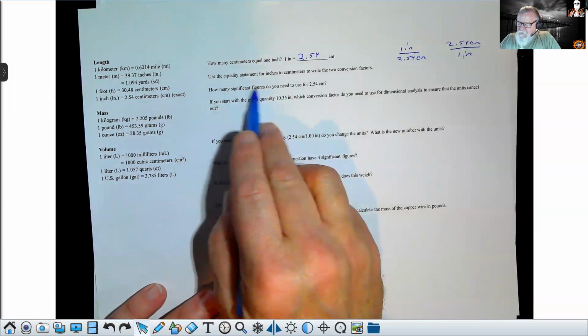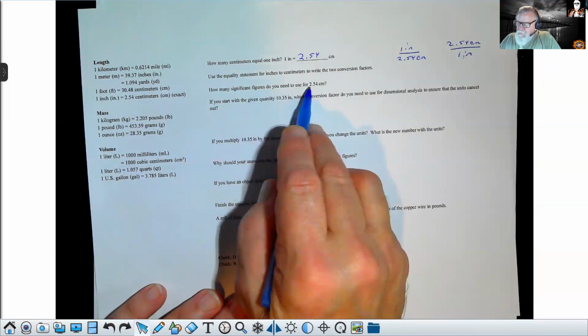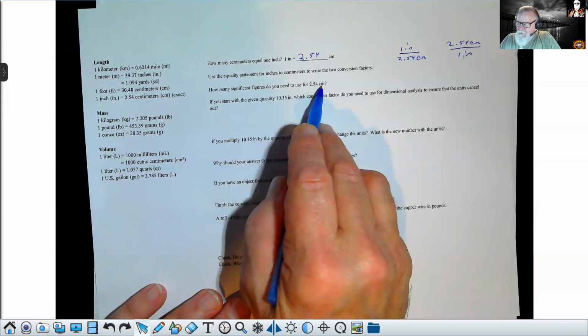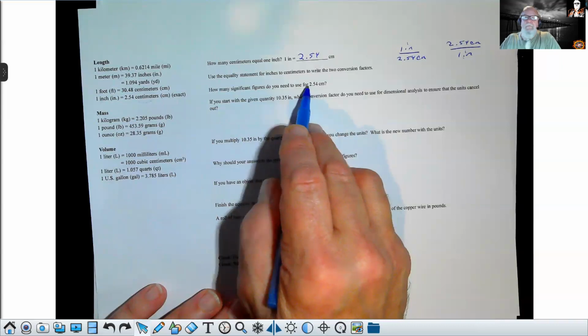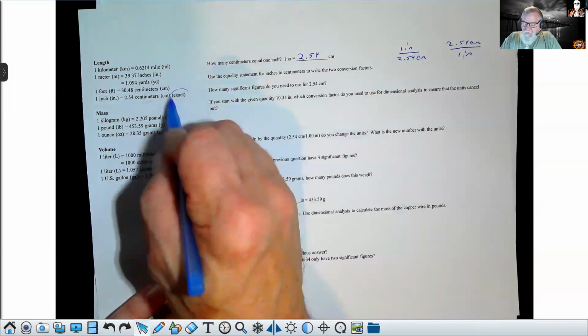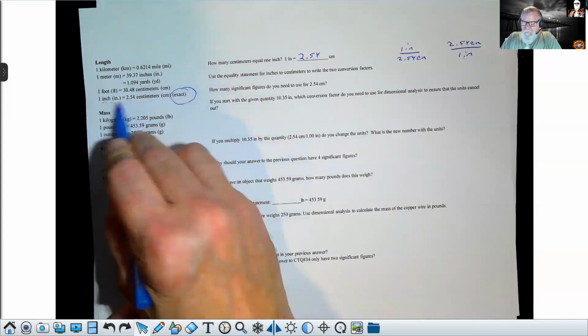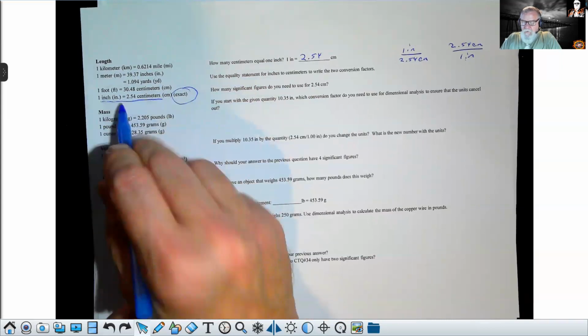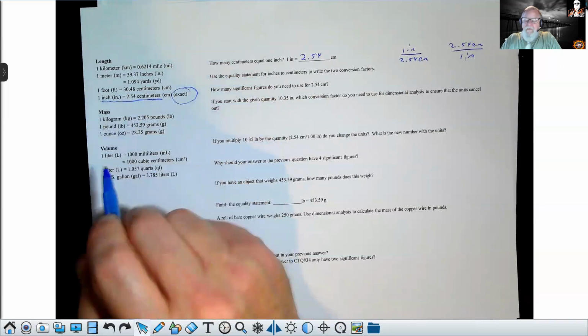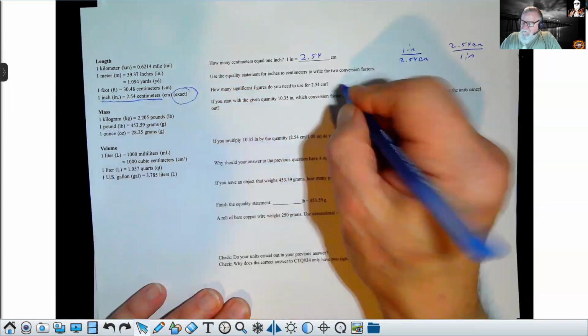How many significant figures do you need to use for 2.54 centimeters? This is, because it's an exact number, says exact here, this is by definition true. And so this has infinite sig figs.